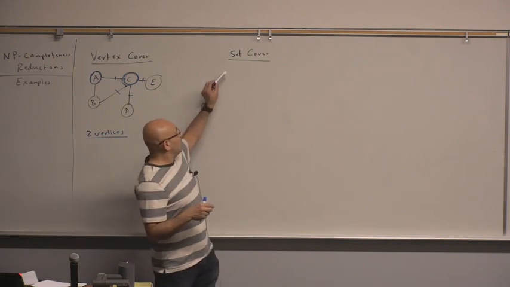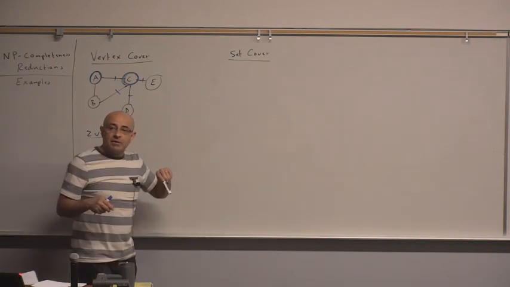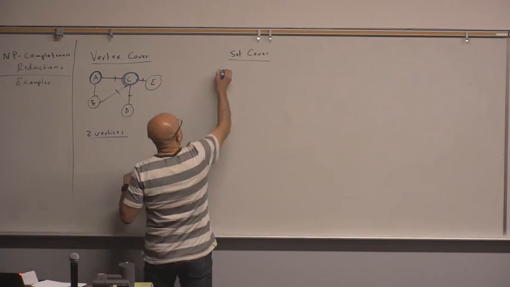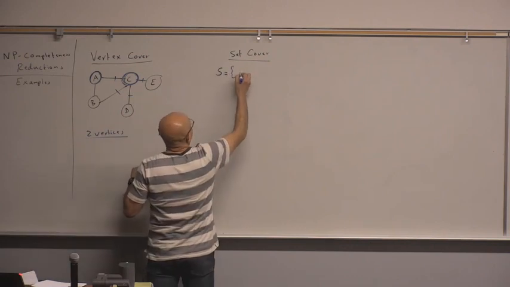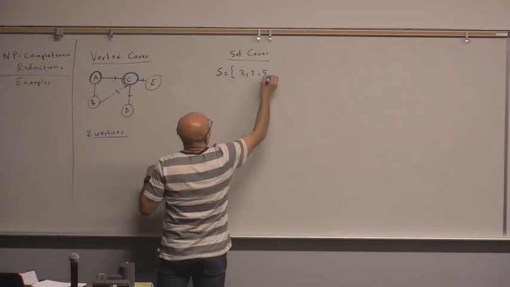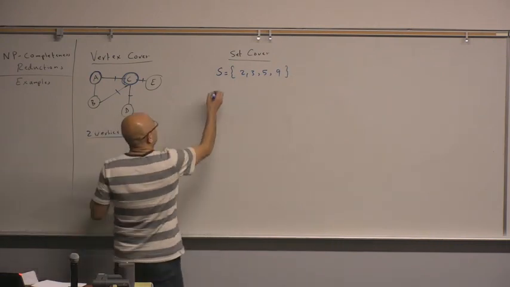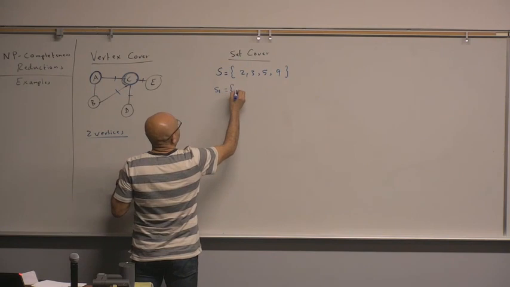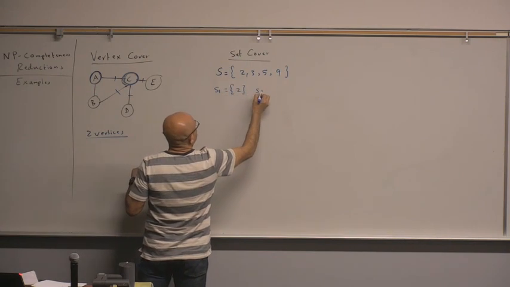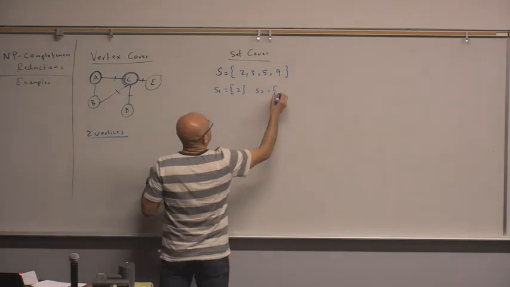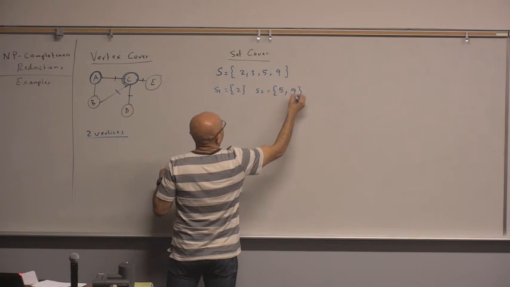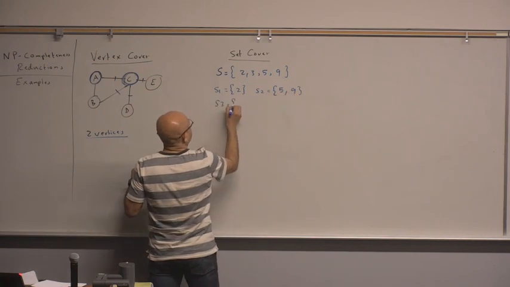Okay. Now on the other problem here, the set cover problem, we have a set 2, 3, 5, 9, and we have some subsets of this set. This is a subset. This is another subset. This is a third subset.